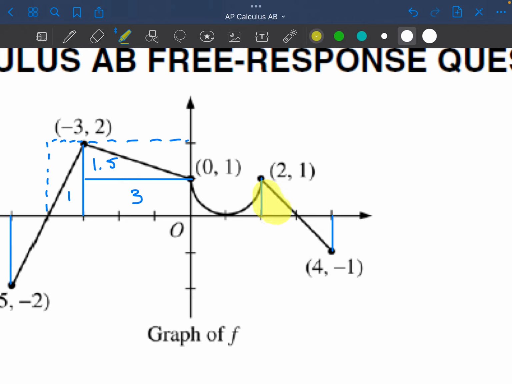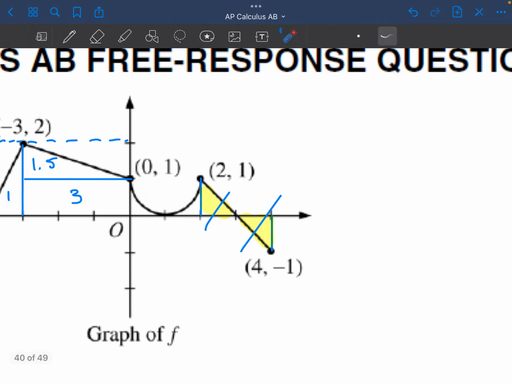This is pretty cool. I have, whoa, that is way too big though. I have this area right here and this area down here. Those areas are going to cancel each other out. So you can go ahead and just cross this off. They are the same area. That means I'm just left with this semicircle that I have to deal with.